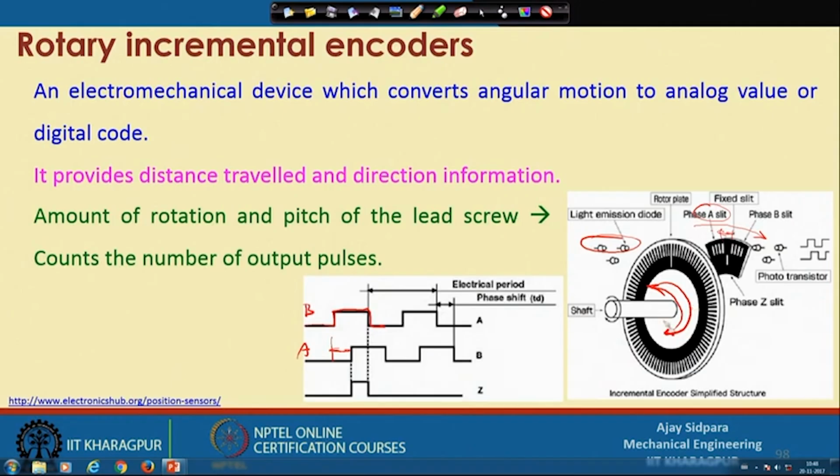Now, how do we convert this rotational motion into linear motion, correct? Because these rotary encoders are also used for measurement of linear motion. Consider this is the shaft, and the shaft has a lead screw, correct. The lead screw has a pitch. So, first we have to find the amount of rotation.